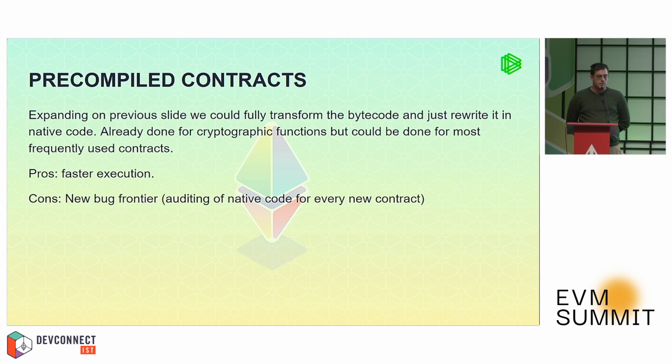The idea is the same as ordinary precompiles, but we need to build those contracts in a native language, which is probably going to be a lot faster, but it's new code that you need to audit and verify is running correctly. That's the downside. Maybe for a few of them that are very frequently used we can do that, but for all of them, it's a lot of work.